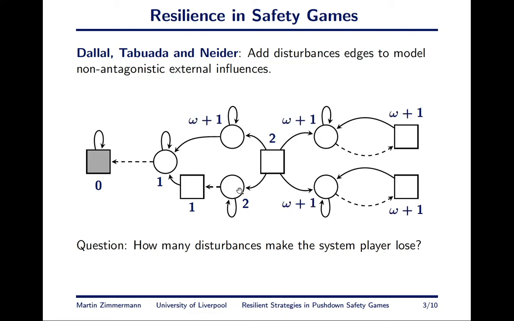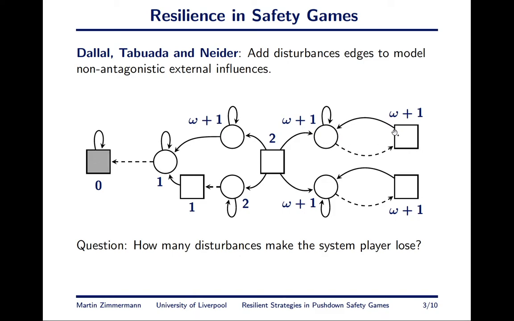Turns out that from all other vertices, player 0 can win even if infinitely many disturbances occur. So for example, look at this vertex here. If a disturbance occurs, we go to that vertex and get back here. So player 0 takes a self loop, and sometimes we may get here, but then the token is returned here, and that's all that can happen.